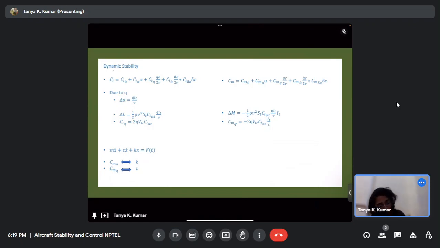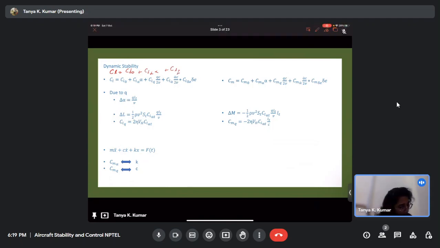CL was CL naught plus CL alpha into alpha. Initially it was just these two, CL naught plus CL alpha into alpha. Then when we came into controls, we had CL delta E into delta E.